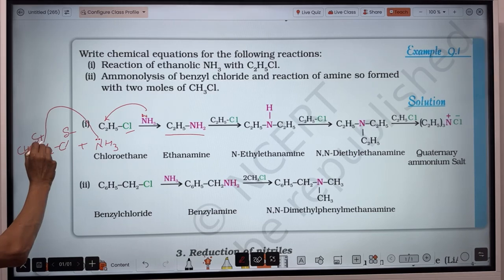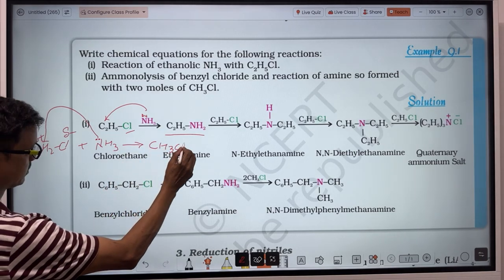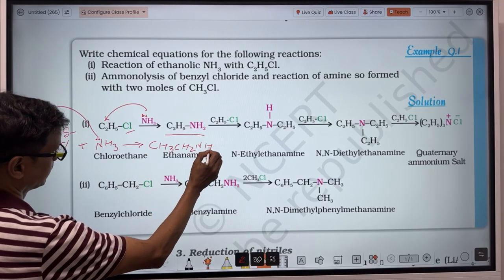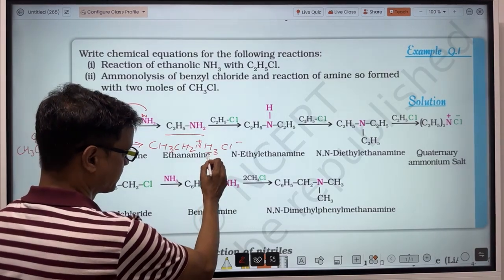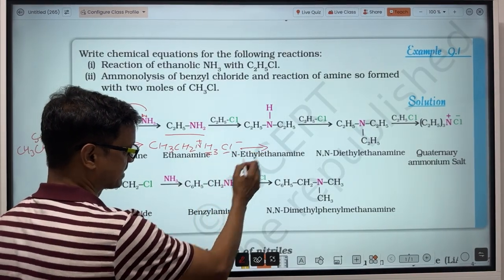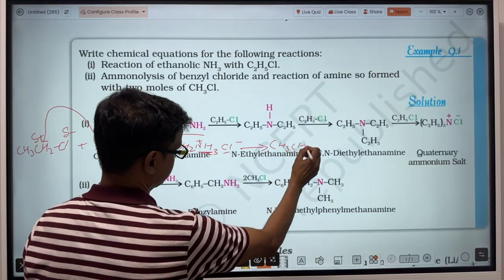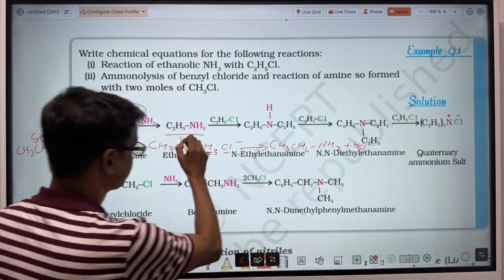So this ammonia will get attracted toward this side. So as a result, there will be formation of NH3 plus and Cl minus. So of this one hydrogen will combine with this chlorine, form HCl, and NH2 will be there. So that has been shown.